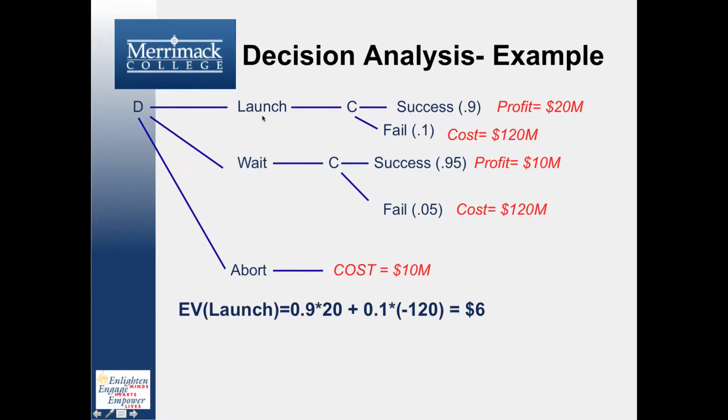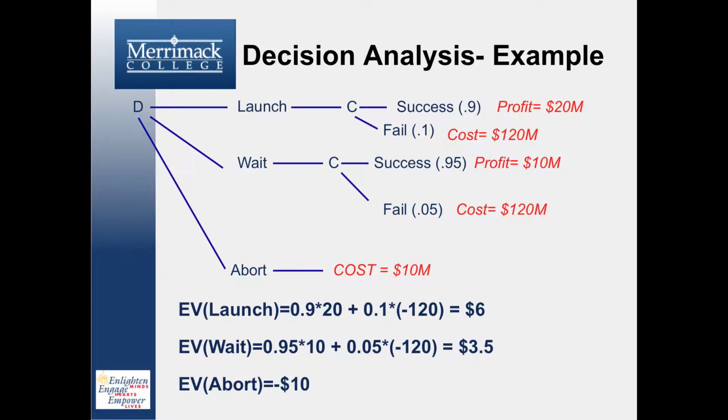So the expected value of my launch decision is 0.9 times the profit plus 0.1 times the cost, $6 million. If I wait a month, my expected value is 0.95 times the profit plus 0.05 times the cost. That's $3.5 million. And then, of course, the expected value of an aborted mission is $10 million.